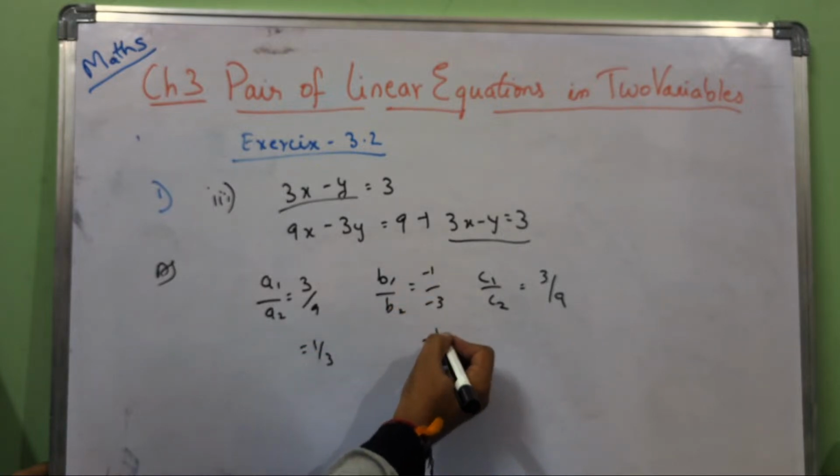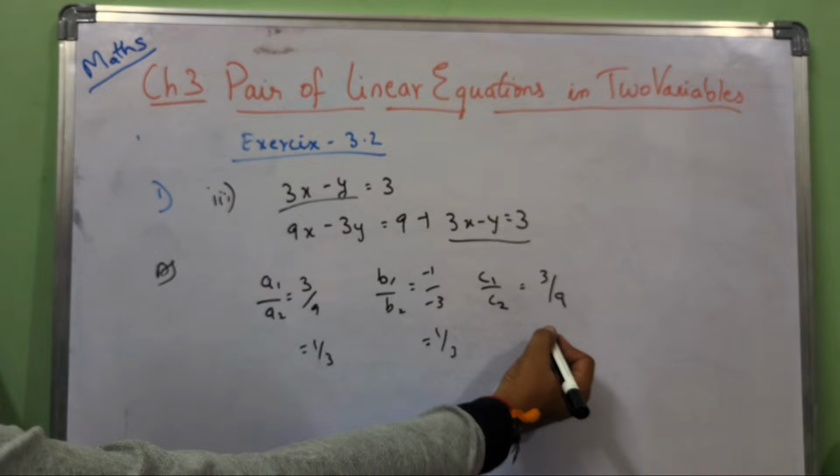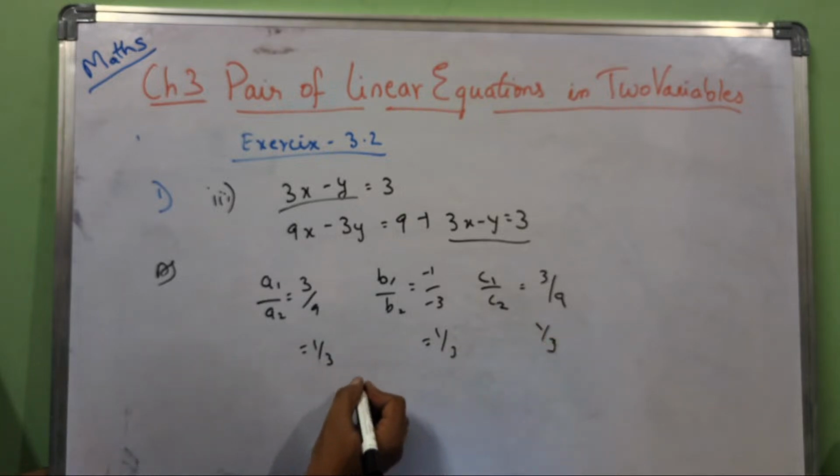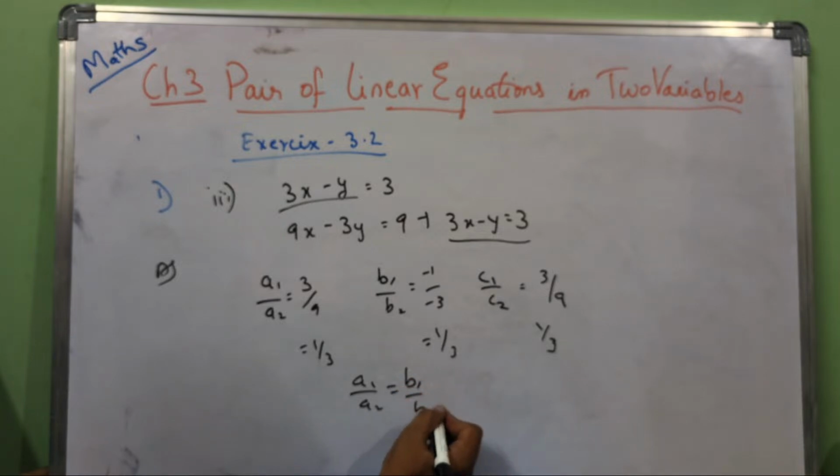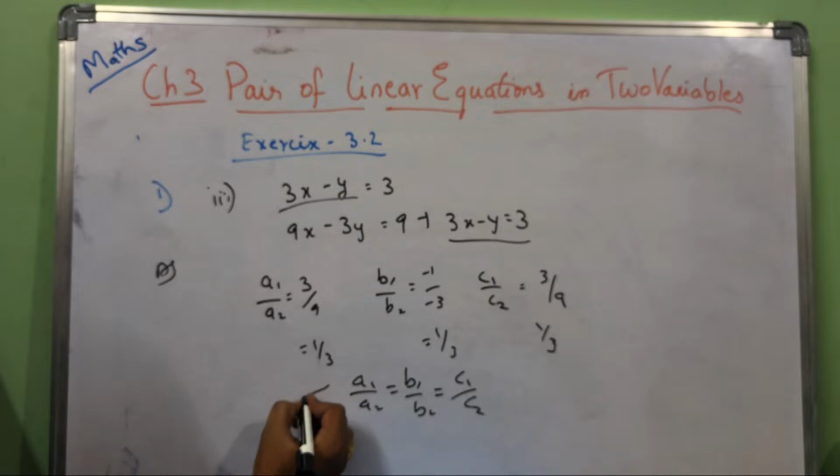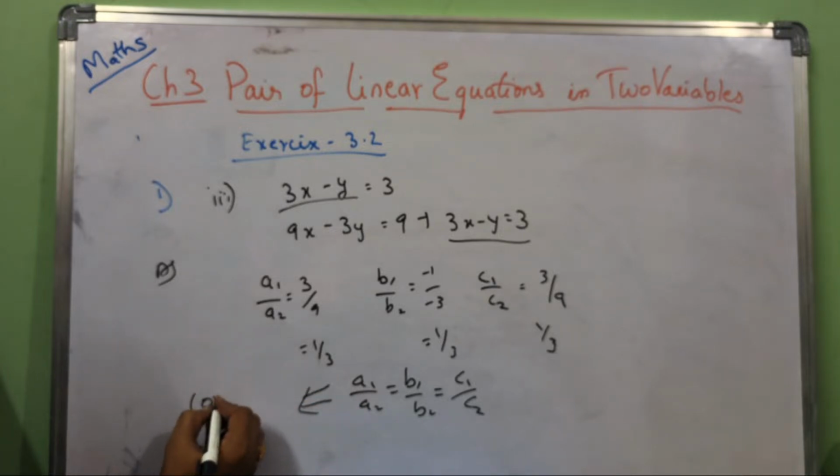Minus minus cancel, 1 by 3. 3 by 9 is also 1 by 3. So what we got: a1 by a2 is equal to b1 by b2 is equal to c1 by c2. So what's the condition? It is the condition for coincident lines. Yay!